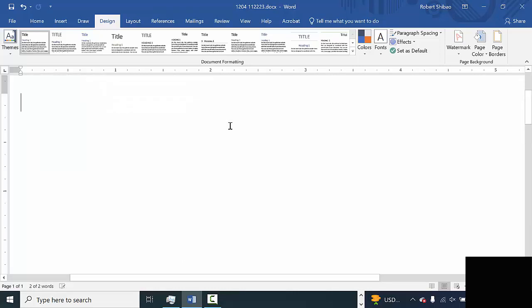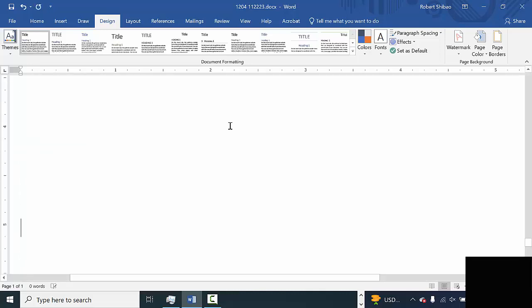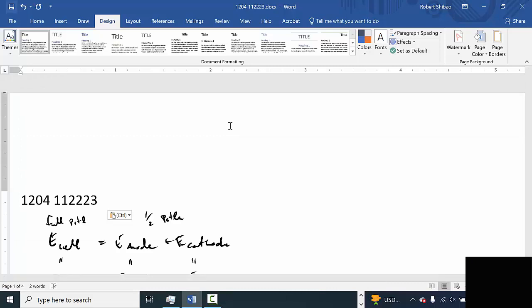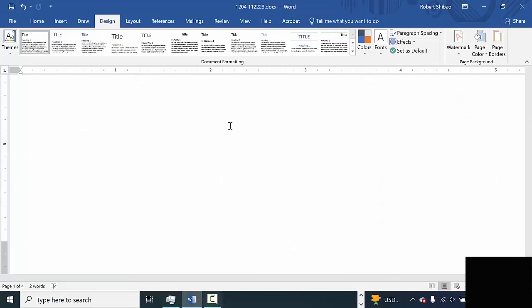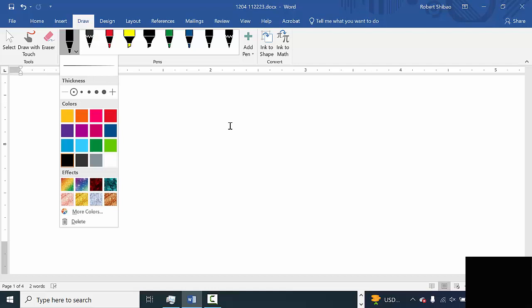I forgot to add more pages here. This is going to copy and paste it, but we'll just write it out since it's better to write it out anyway.